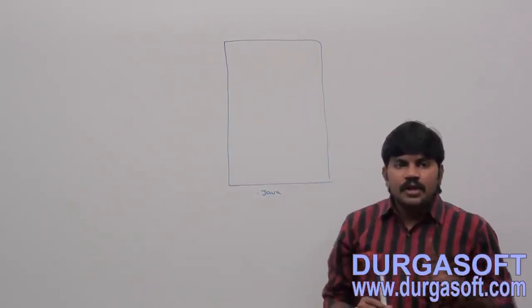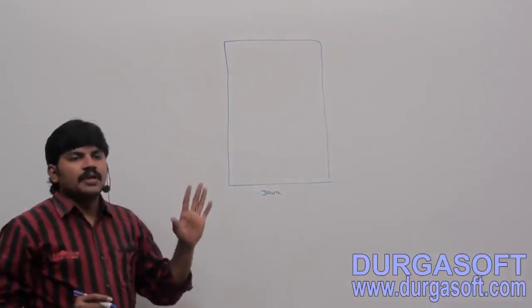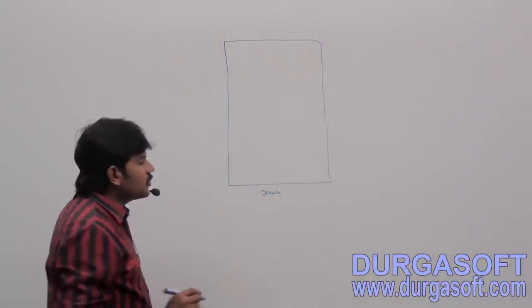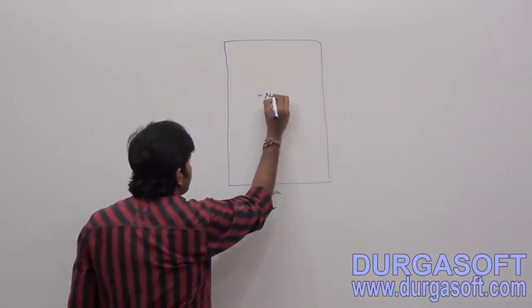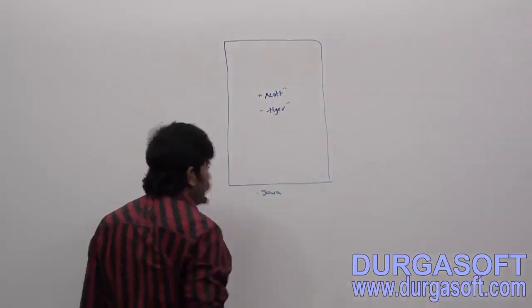If anything changes frequently, it is never recommended to hard code it in our Java program. Suppose I hard coded Scott and Tiger in my program.